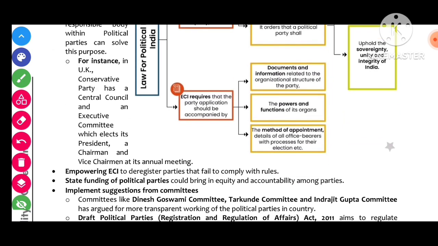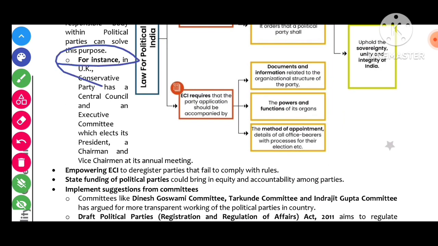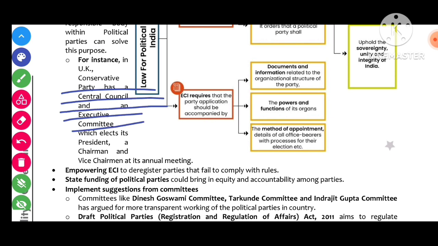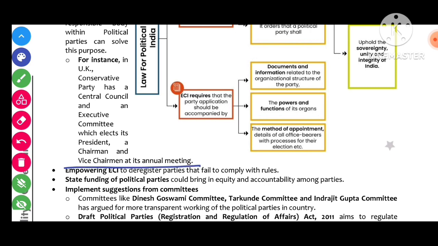So you can remember here, for example, the UK Conservative Party has a Central Council and Executive Committee which elects its president, a chairman and vice chairman at its annual meeting.